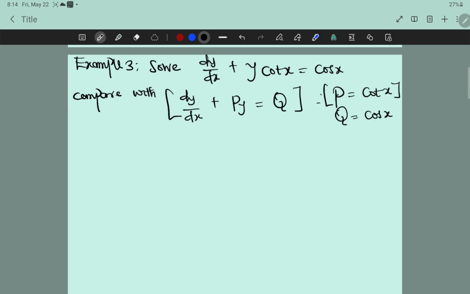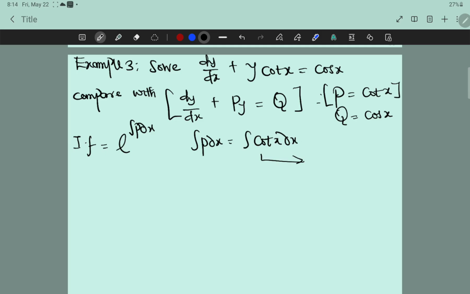We have compared. So it means that our integrating factor is e to the power of the integral of p dx. Which means, what is the integral of p dx in this case? We are saying the integral of cot x dx, right?